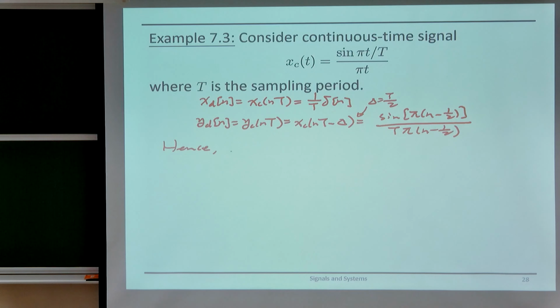So hence, h[n] is sine pi (n minus 1/2) over pi (n minus 1/2).